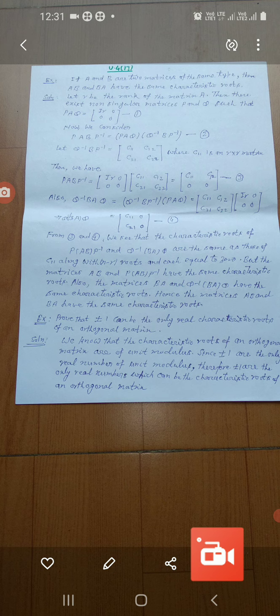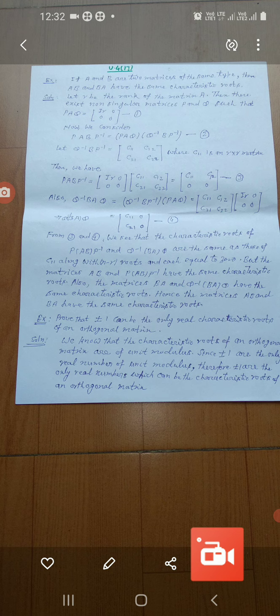So from 3 and 4 we see that the characteristic roots of P A B P inverse and Q inverse B A Q are the same as those of C11, along with n minus r roots each equal to 0.